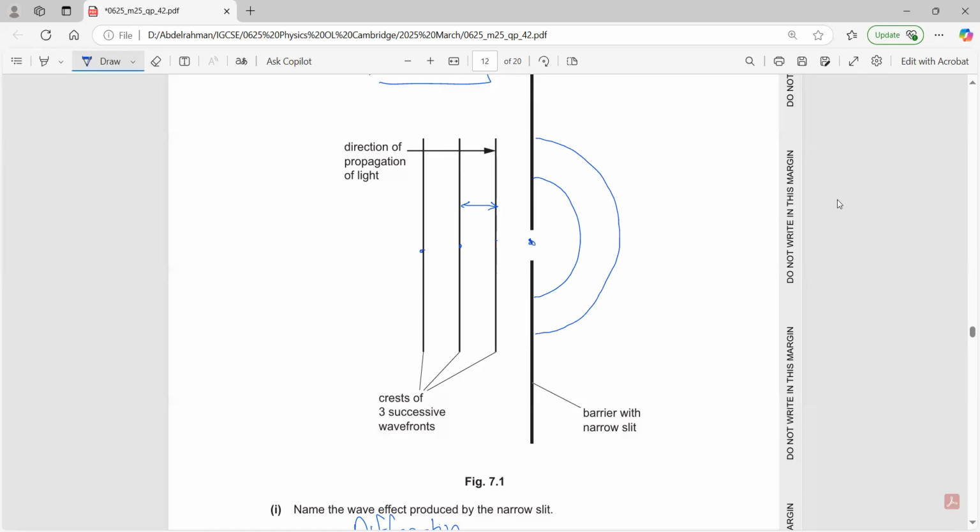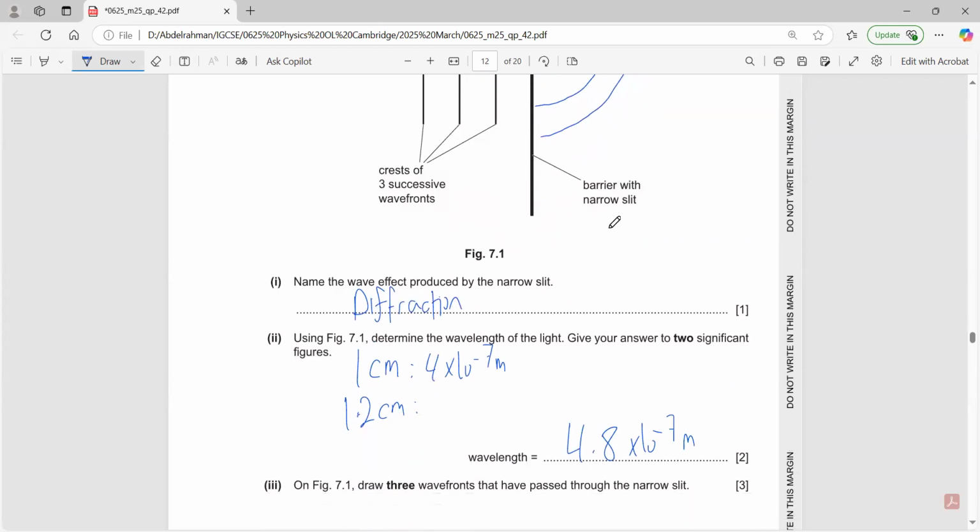Your compass's pointy edge is fixed in the center of the gap. Open it up to the third wave and draw another semicircle. It would be somewhat like this.